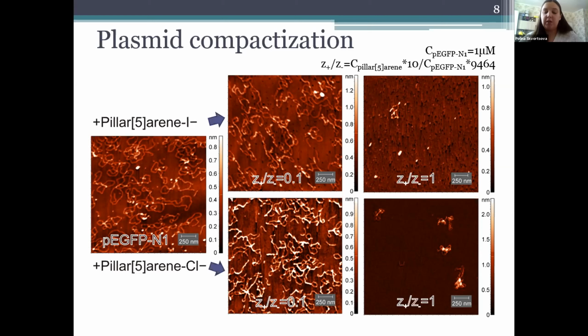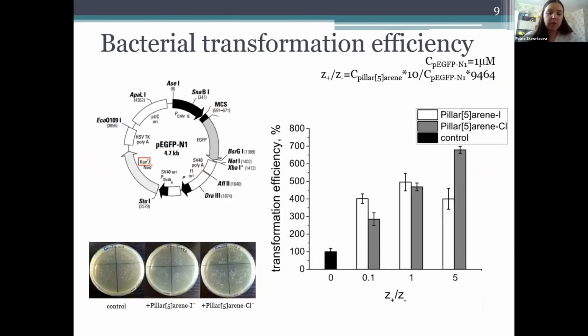The detected DNA condensation allowed us to propose that pyrrolurines can assist with delivery of plasmid into cells. Pyrrolurines as a gene delivery agent have been investigated in bacterial transformation experiments. Transformation is the gene delivery in prokaryotic cells, whereas transfection is a gene delivery in eukaryotic cells.